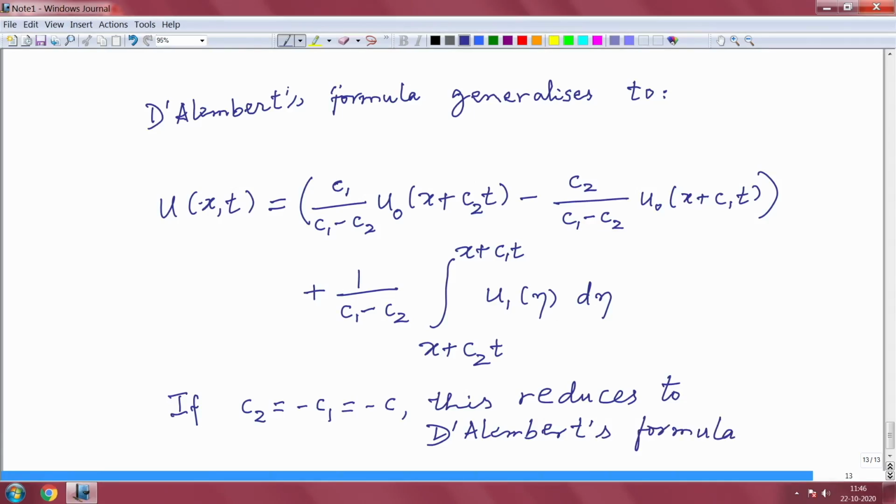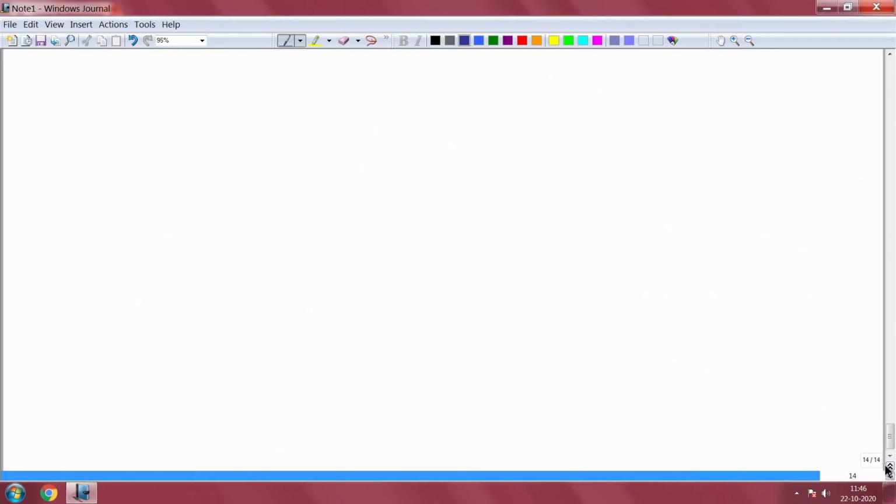Now, an interesting case happens here. So, in this general setup, when you take a second order operator with two speeds, the next question is what happens when C1 equal to C2.